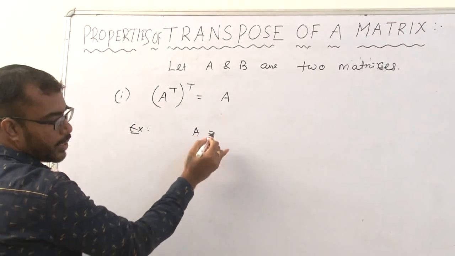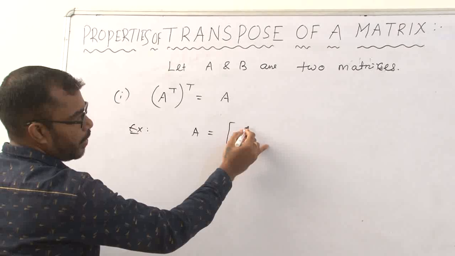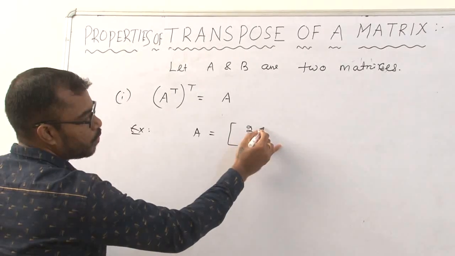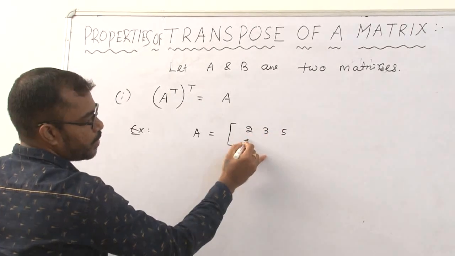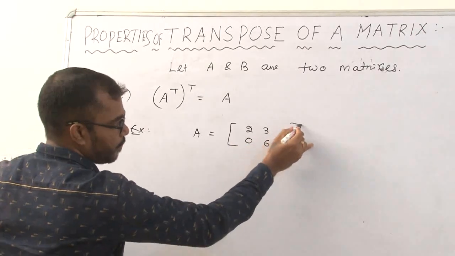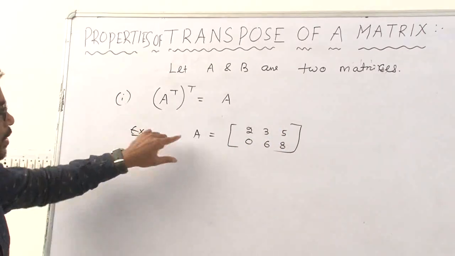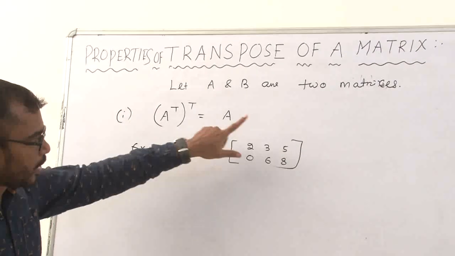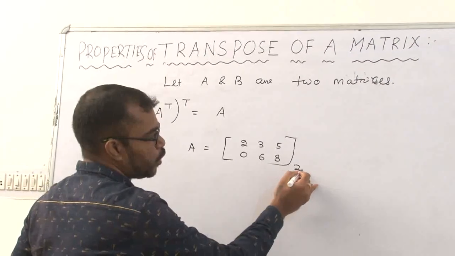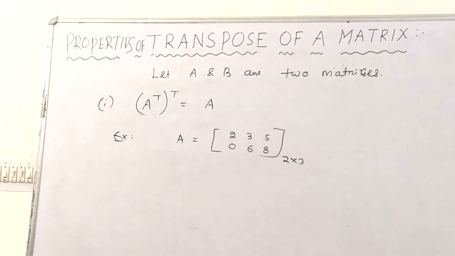Let A be a matrix whose elements are 2, 3, 5, 0, 6, 8. So A is a matrix of order 2 into 3, 2 rows and 3 columns.